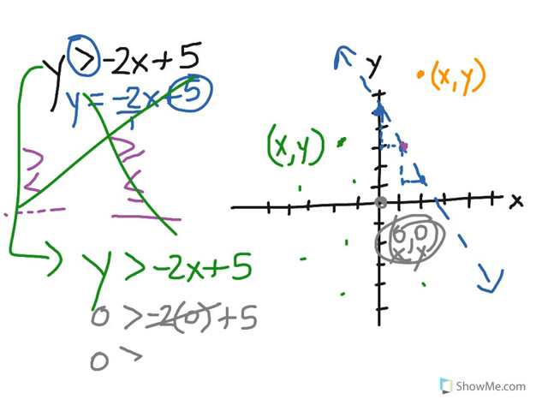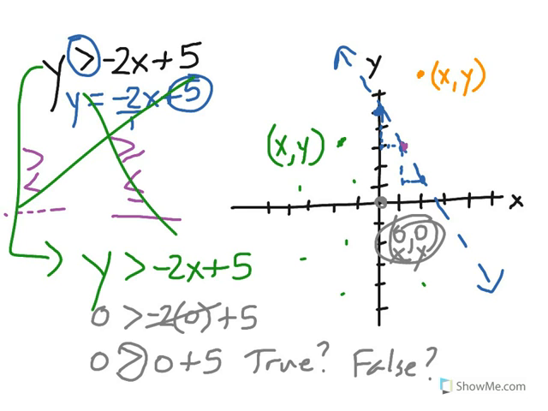So I get this statement that says 0 is greater than 0 plus 5. I want to know, is that true or is that false? Okay, when I look at that, 0 is greater than 5? No, that's not true. That's a false statement.